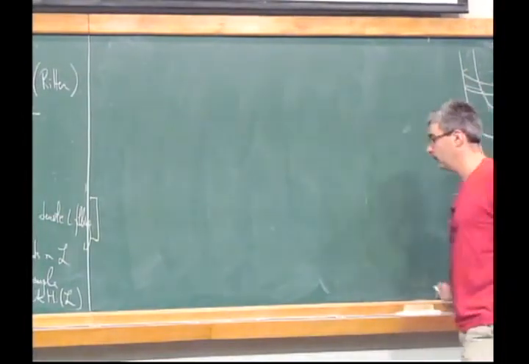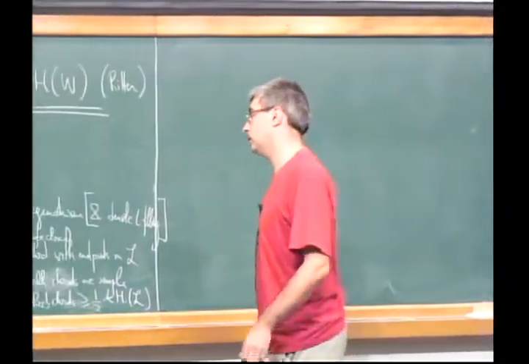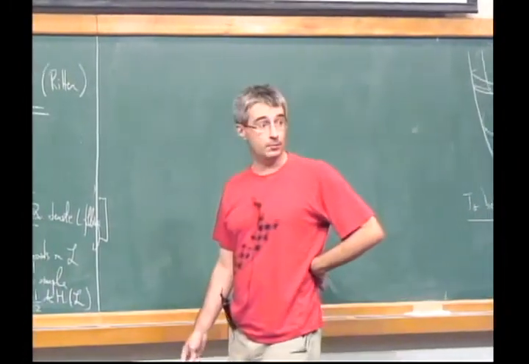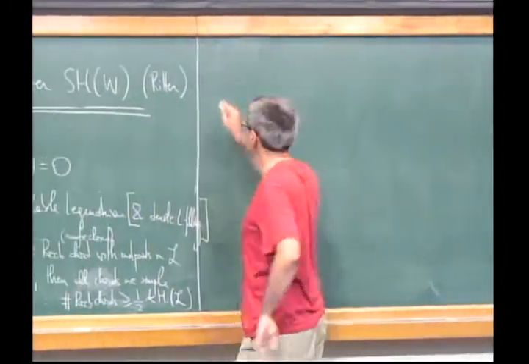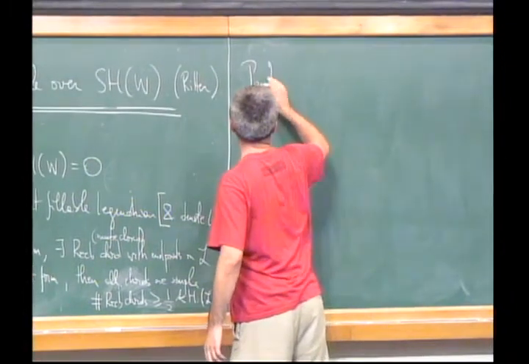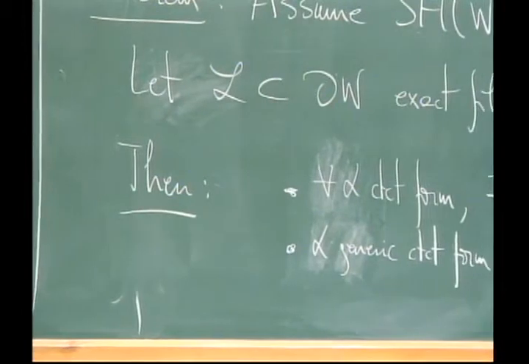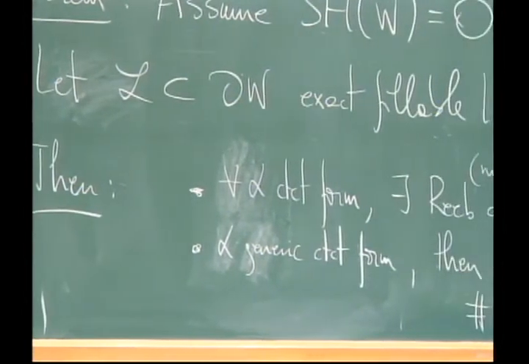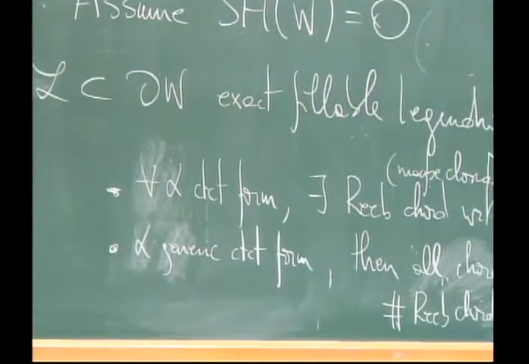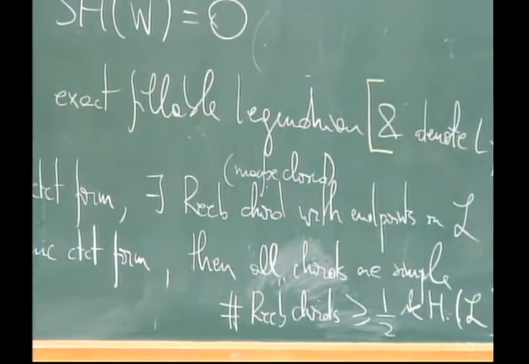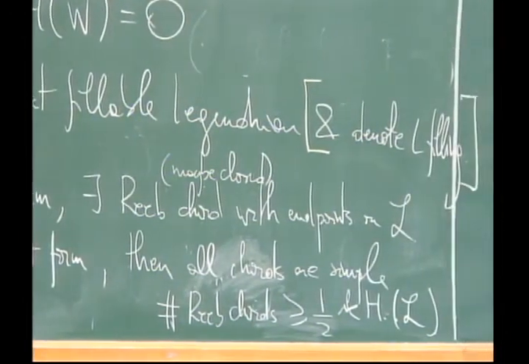Okay. So how is this proved? This is a 3-line proof using the module structure. What does it mean?